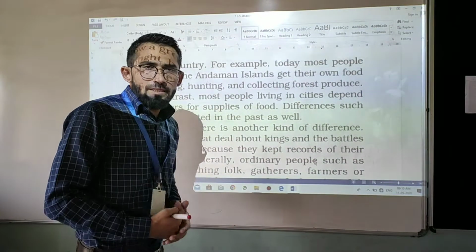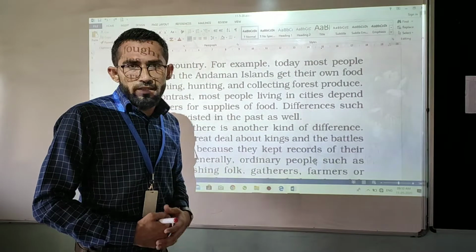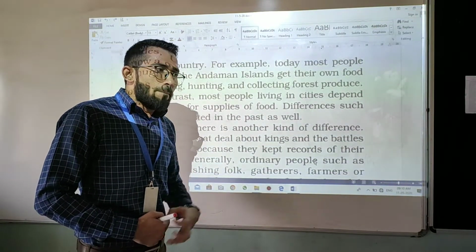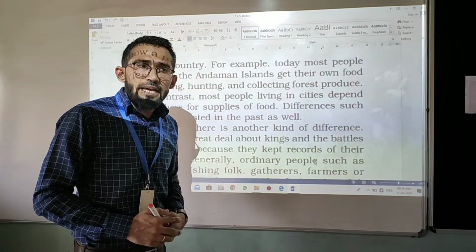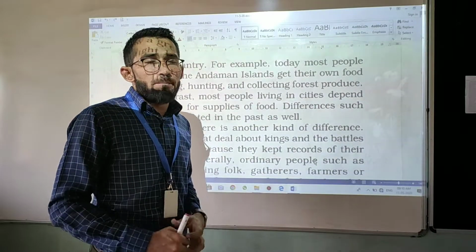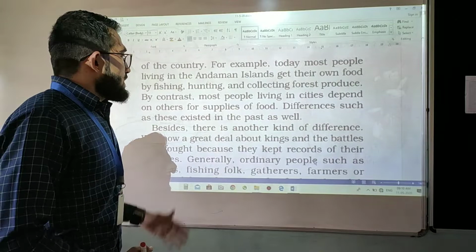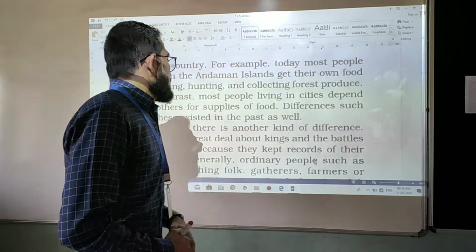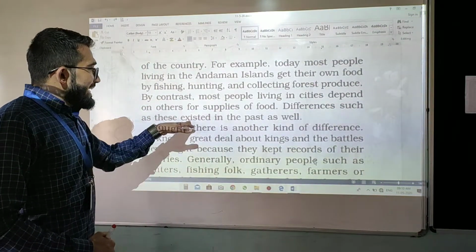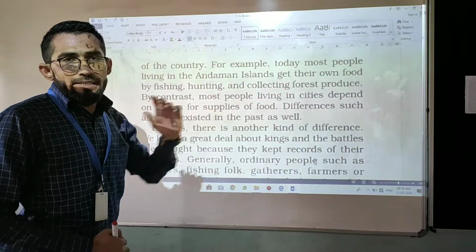For milk we have to depend on herders, for plants, vegetables and crops we have to depend on farmers. In the same way, such kinds of differences also existed in the past.